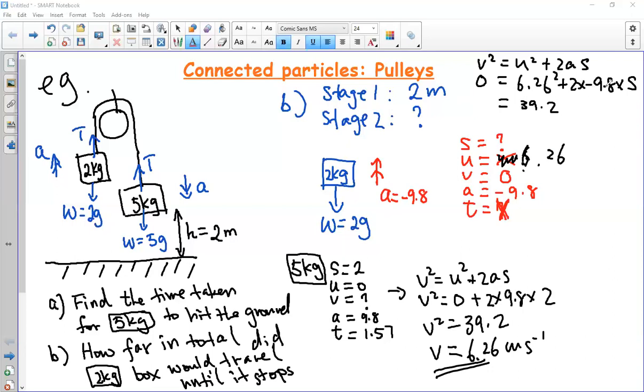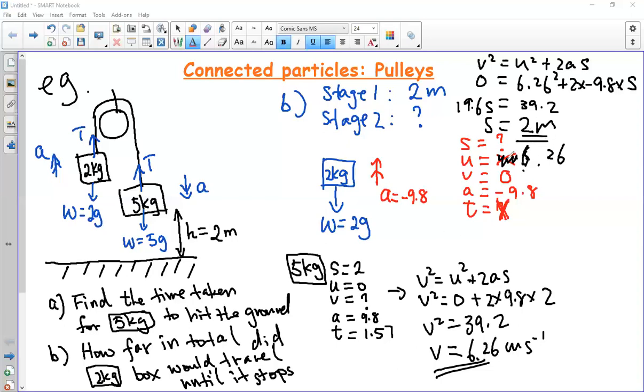Because it's negative, I'm going to move the whole thing to the left hand side to make it positive. So we have 19.6s. So s equals 39.2 divided by 19.6, and that is 2. Great.